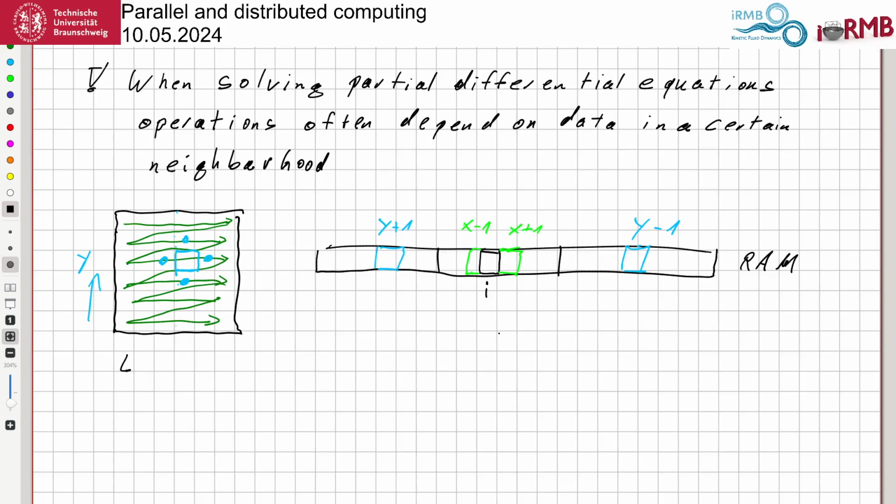If you put everything in one box, and the box becomes larger and larger, then your neighbors in y direction get further and further away. So locality is decreased.